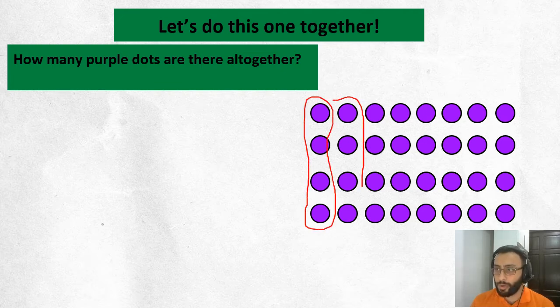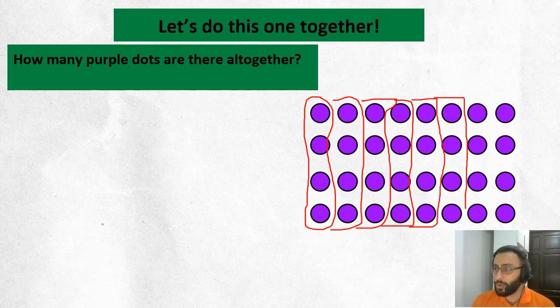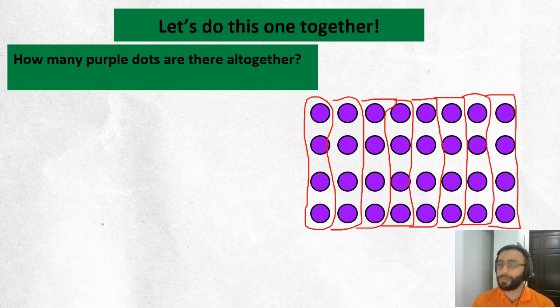This is another group, and another group, and another, and another, and another, and another. So how many groups do we have? 1, 2, 3, 4, 5, 6, 7, 8. So we have 8 groups, right?